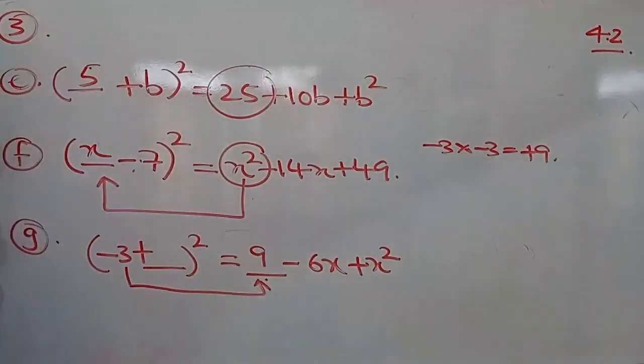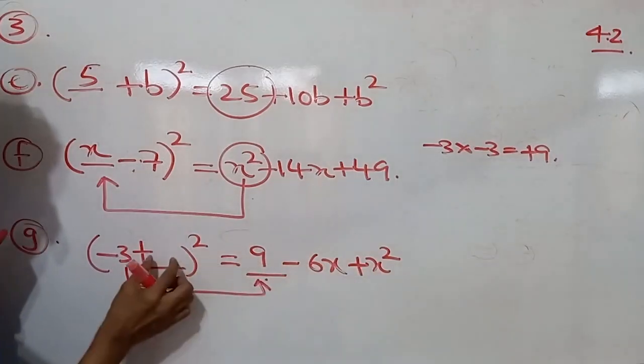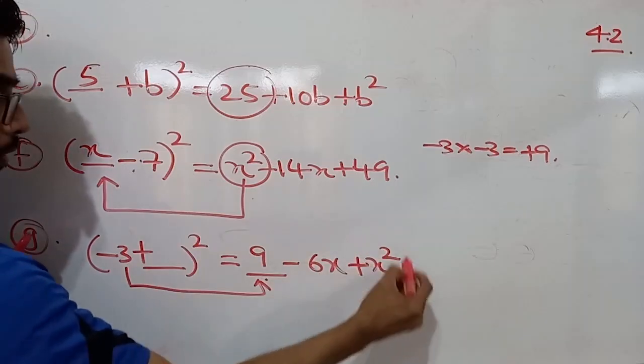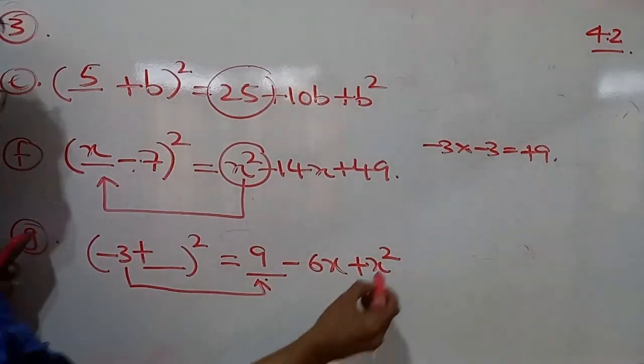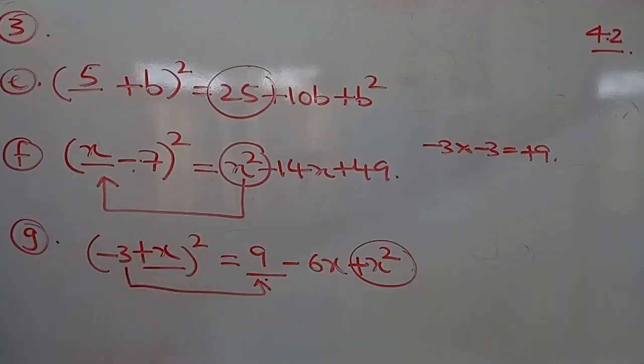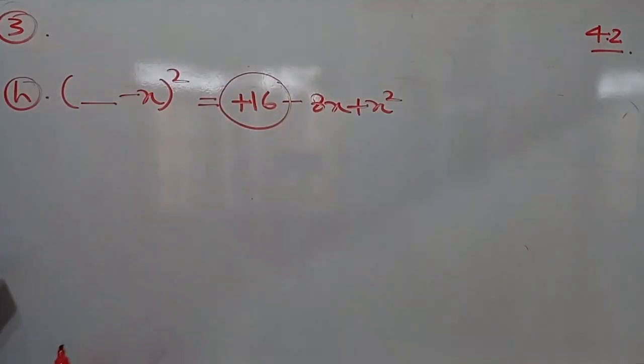So this is 9, right? So this is x squared, right? So we can get this term here by getting the square root of x squared. That is what? x. So we can see here the term is 16.